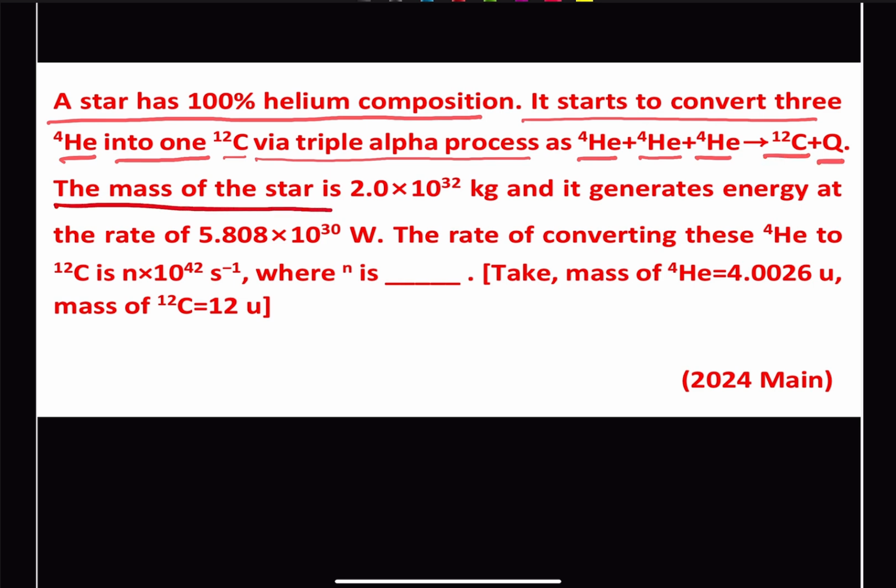The mass of the star is 2 into 10 to the power 32 kg, and it generates energy at a rate of 5.808 into 10 to the power 30 watts. The rate of converting He4 to C12 is n into 10 to the power 42 per second. Then what is the value of n?